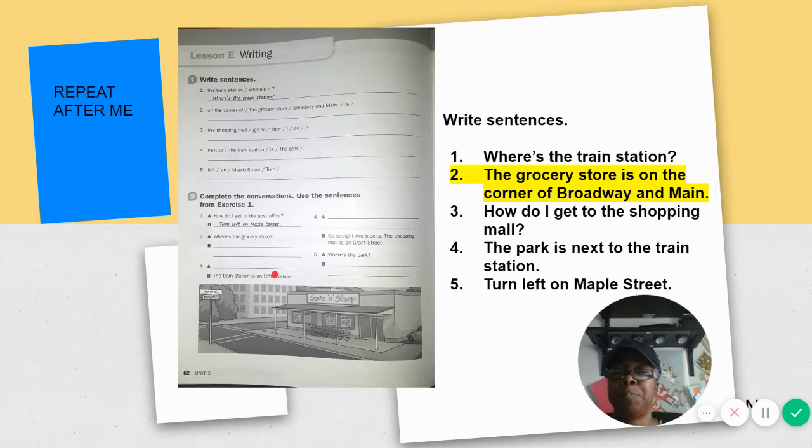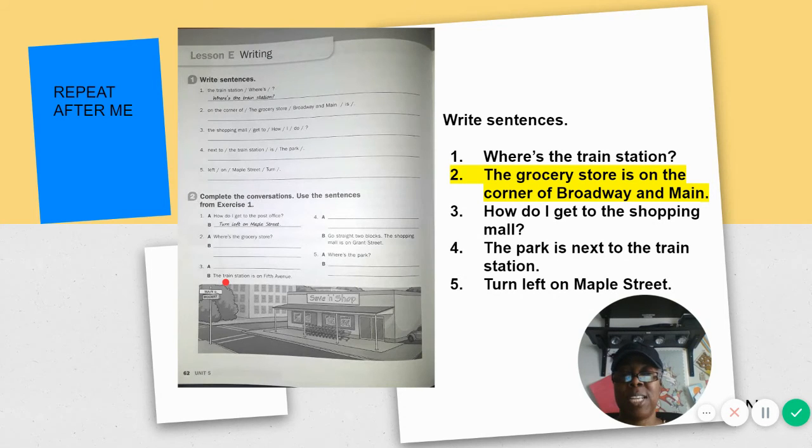Okay, number 3. There's no question here, but we do have an answer. And so the answer is the train station is on 5th Avenue. Okay, so what would the question be that would give you the answer?